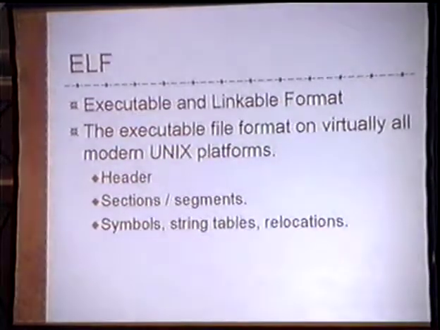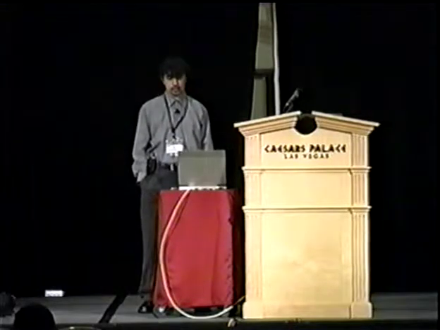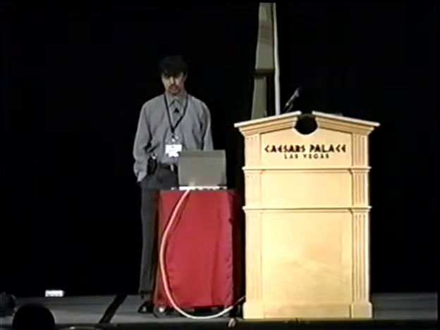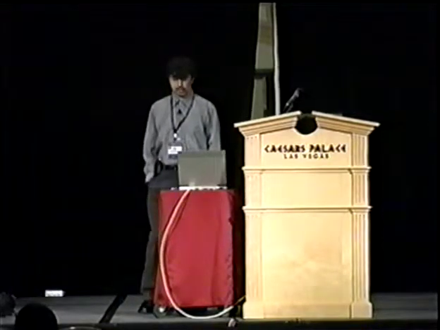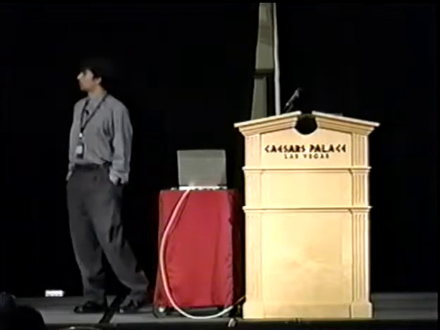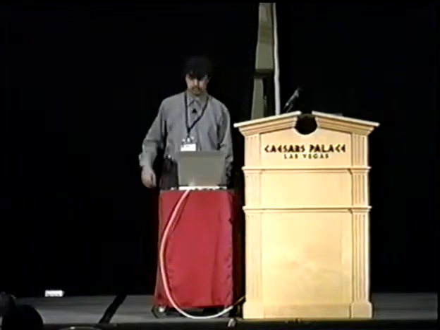And then there are section and segment headers, which contain specific information about different parts of the executable. Other portions of an ELF executable might include symbols, string tables, and relocations, which all function in different ways to make the executable execute.